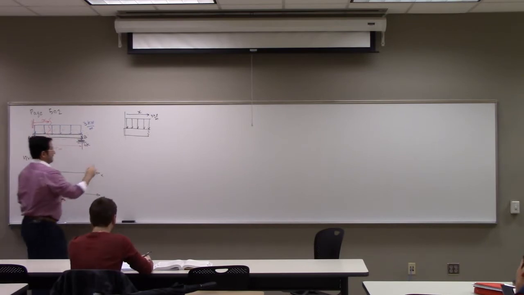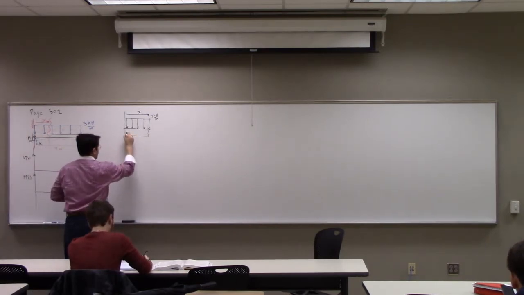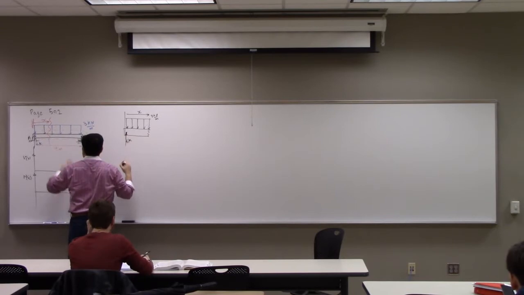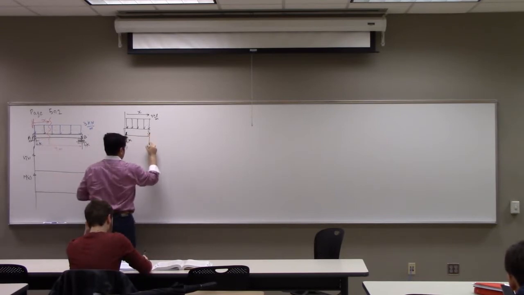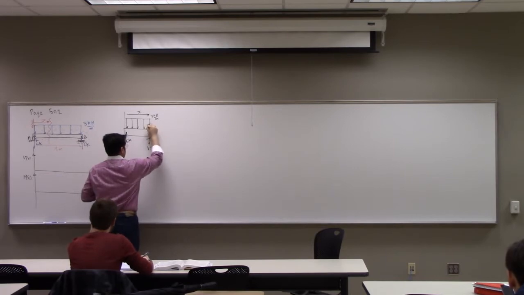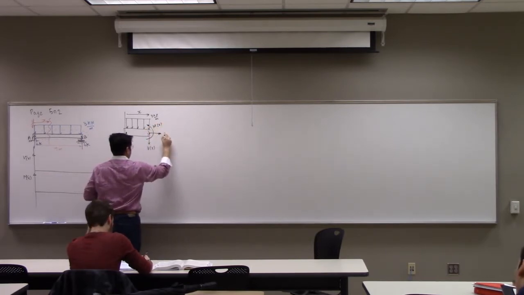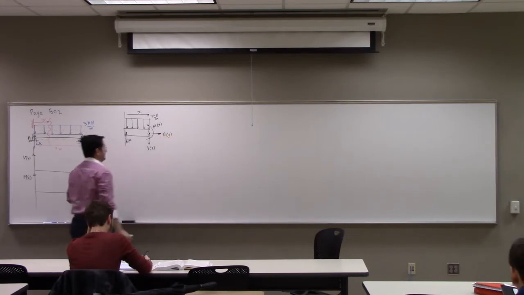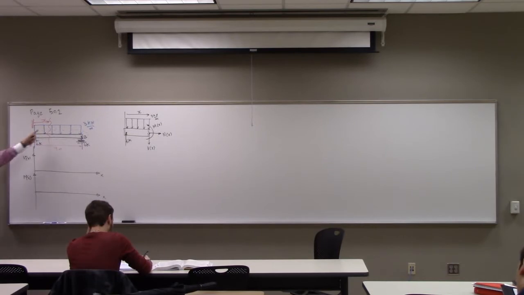And then you have a 6 kN right here, and then here, you're going to get V at point x, bending moment at point x, and the axial load at point x. That's exactly what I get when I cut it at x.